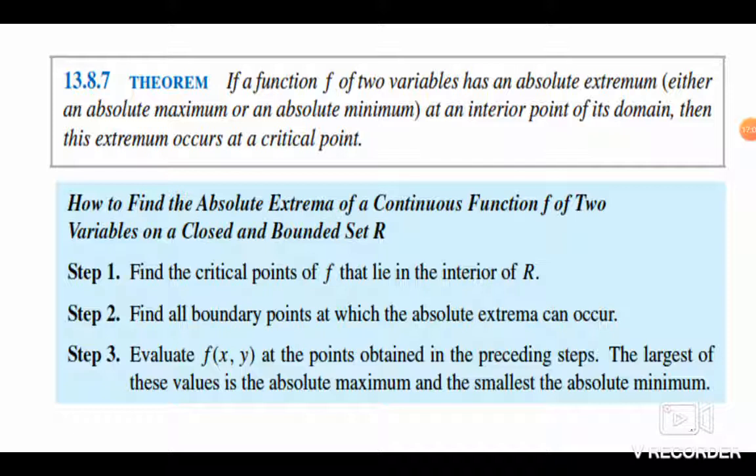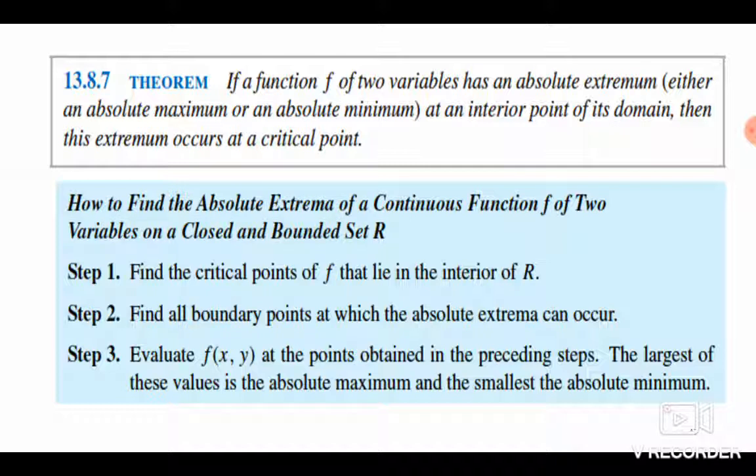Okay, here we go. What we wanted to discuss here is, by the previous theorem, if a function of two variables is continuous on a closed and bounded set R, then the extreme value theorem says that there is an absolute maximum and an absolute minimum for the function in this given region.